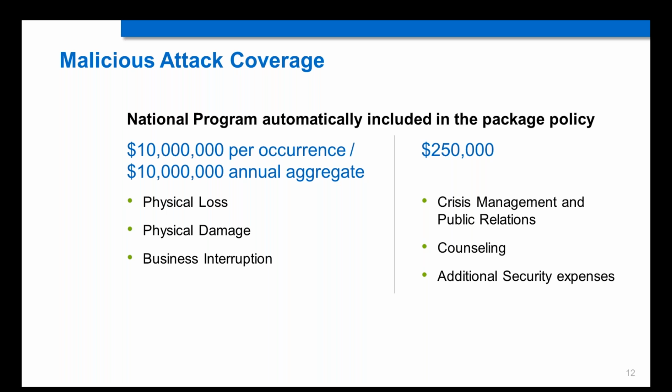The loved ones, the employees, the volunteers. What about additional security expenses that now we need because we found a weakness in our old system? So malicious attack at a high level. Again, this is unique. I have started to see it in the church marketplace, but not to these levels. Jermaine, next slide, please.